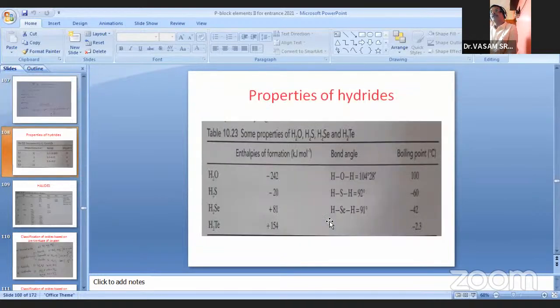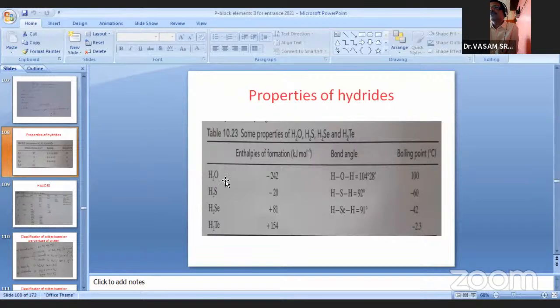These are the properties of hydrides. H2O is a liquid, H2S is a gas, and the remaining are solids. These are the enthalpies of formation, and this is the bond angle: the starting one is 104 and the last one is 90 to 91. And this is boiling point.